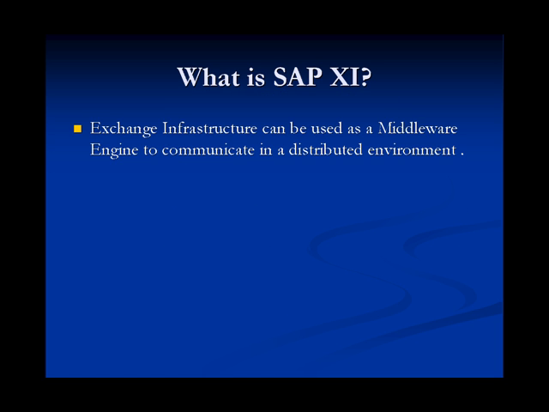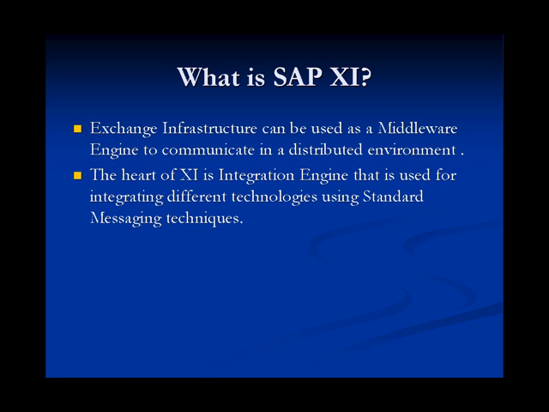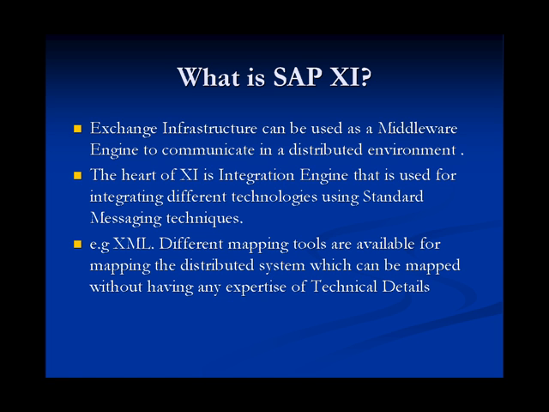Exchange Infrastructure can be used as a middleware engine to communicate in a distributed environment. The heart of SAP XI is the integration engine, which is used for integrating different technologies using standard messaging techniques, for example XML.